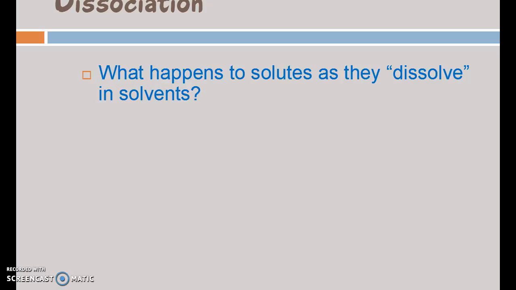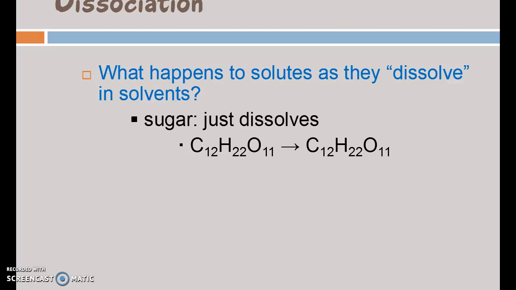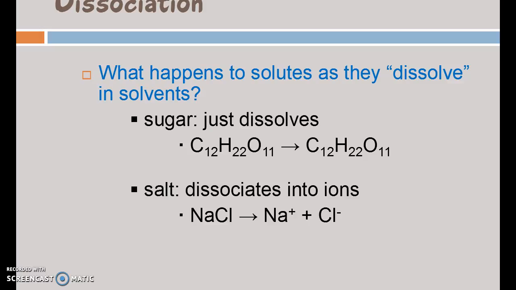Okay, so something that we haven't really had a big chance to talk about, although we have throughout the year, but I'm hoping you can start developing a picture in your mind of what's going on. What happens to solutes as they dissolve in solvents? There are different things that occur. Sugar, for instance, has that attractive force with the water, and so therefore dissolves into the water, but it remains together intact as that covalent bond, that sucrose.